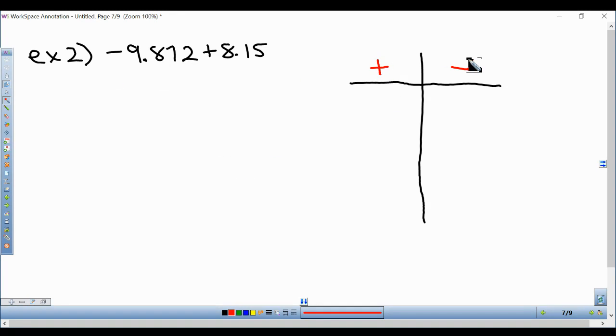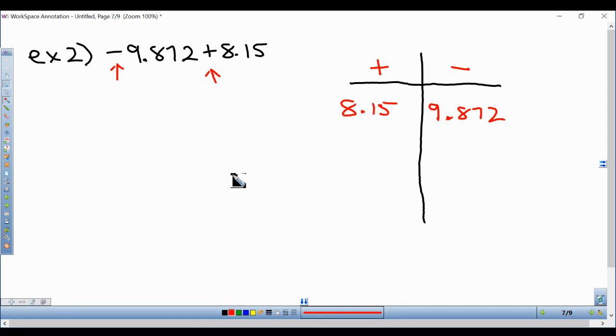We've got the positive team and the negative team. 9.872, the sign that's in front of it, not the sign that's behind it, but the sign that's in front of it, is a negative. So that belongs to the negative team, 9.872. Over here, 8.15, the sign that's in front of that is positive. So that belongs on the positive team.